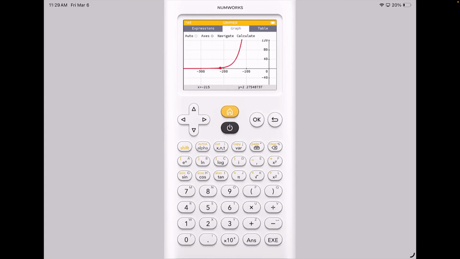So we want to know when that red line is going to cross her goal. Her goal was 40,000. An easier way of doing that is using a table. So go up and over to the table and hit enter.